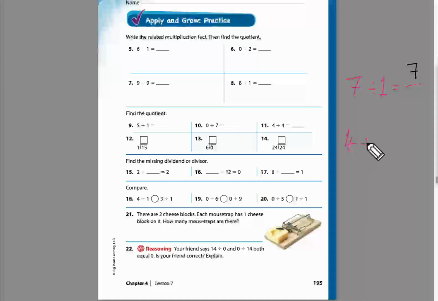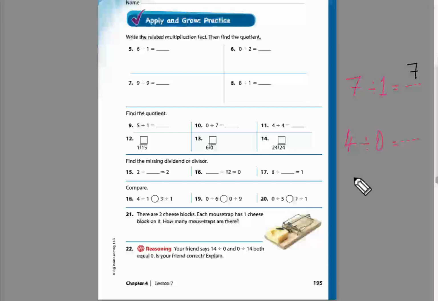4 divided by 0. If you know the answer, just raise your hand. Ahmed?